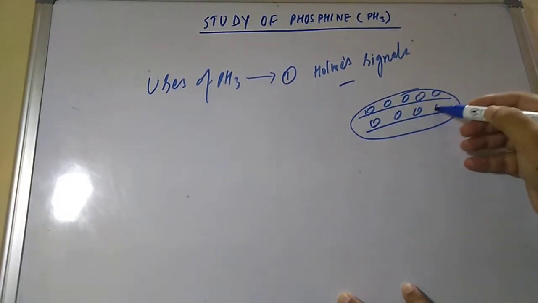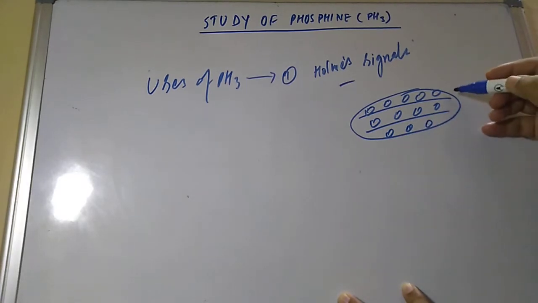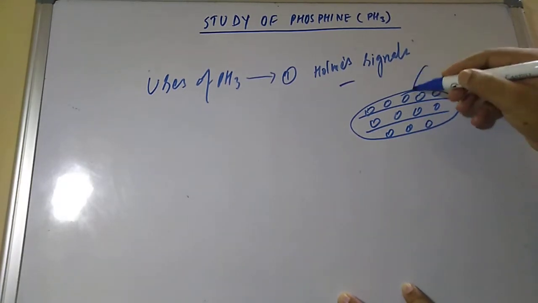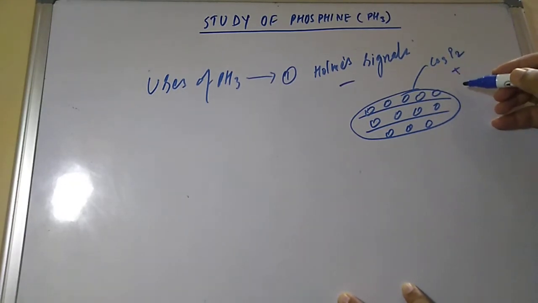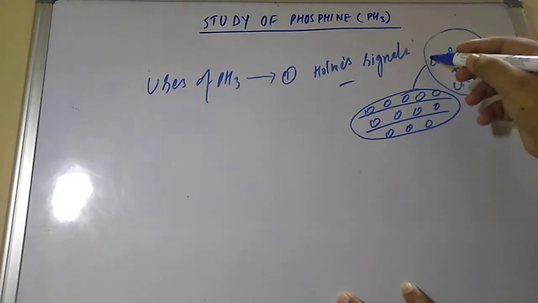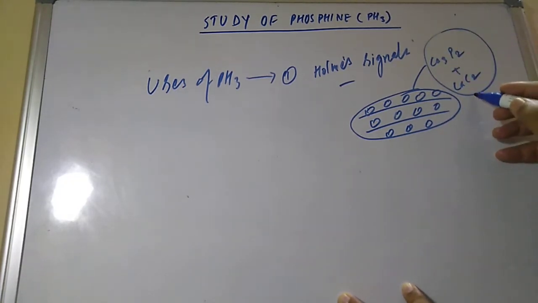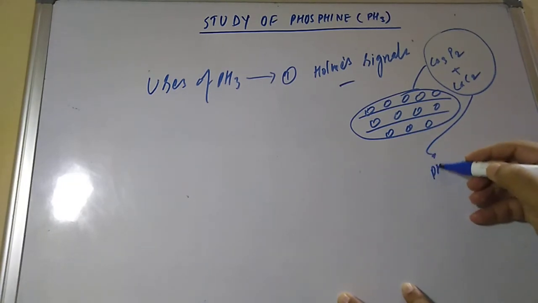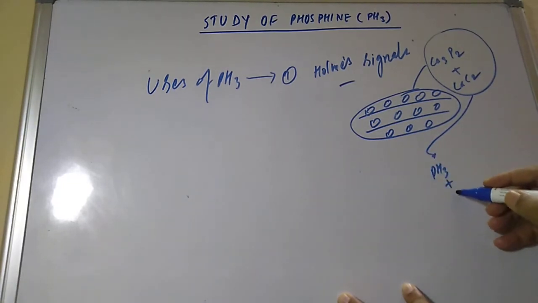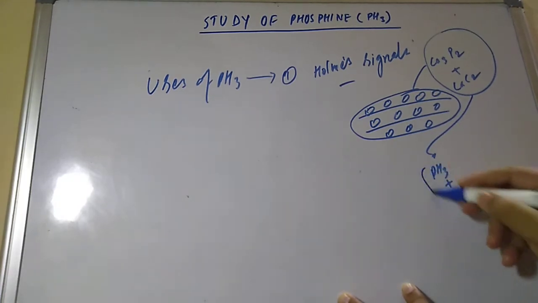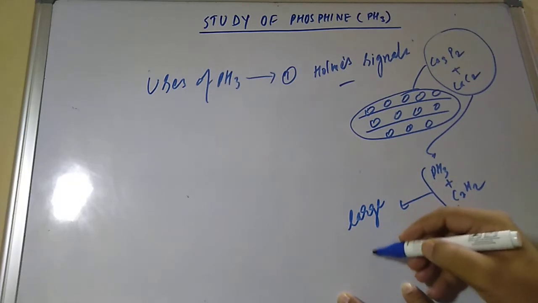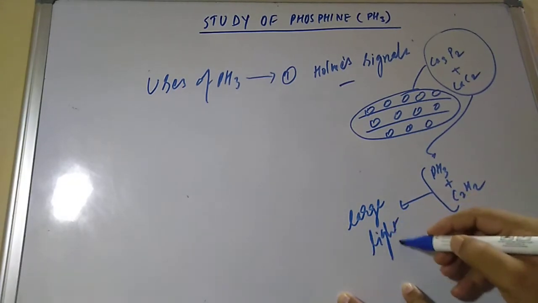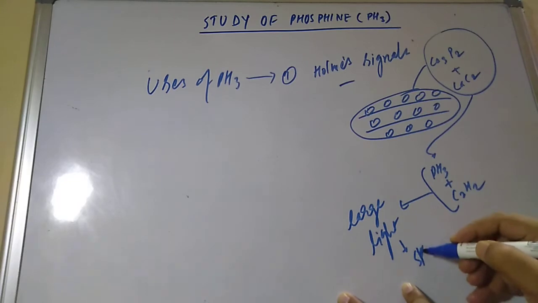In this porous bottle, what do we fill? We fill Ca3P2, calcium phosphide, plus calcium carbide, CaC2. Now when they are put in the water, it generates PH3 along with C2H2, and a large light, a spark.